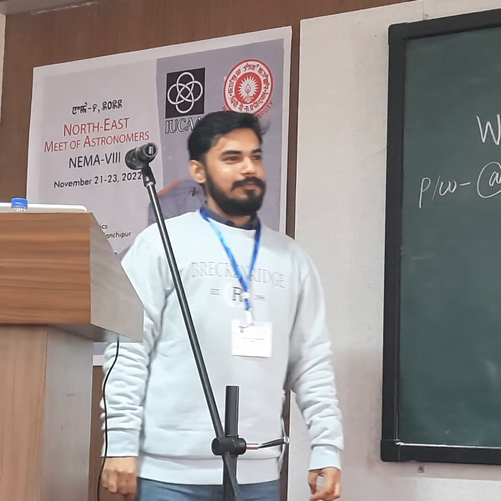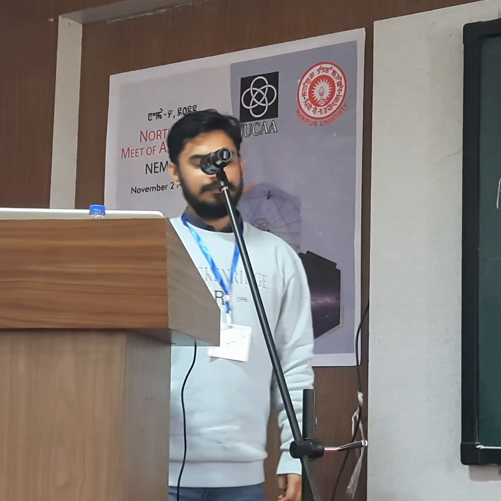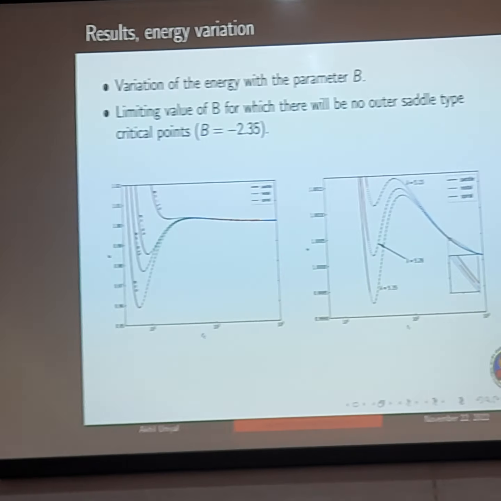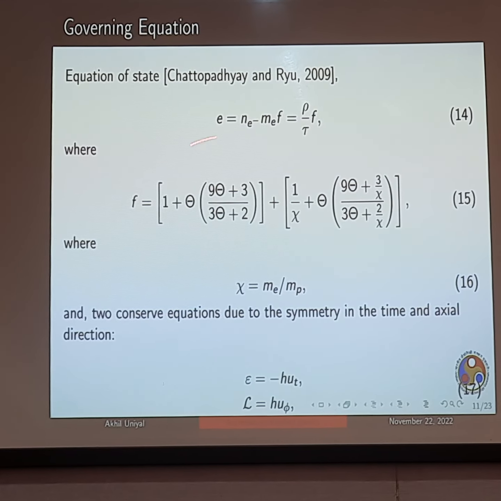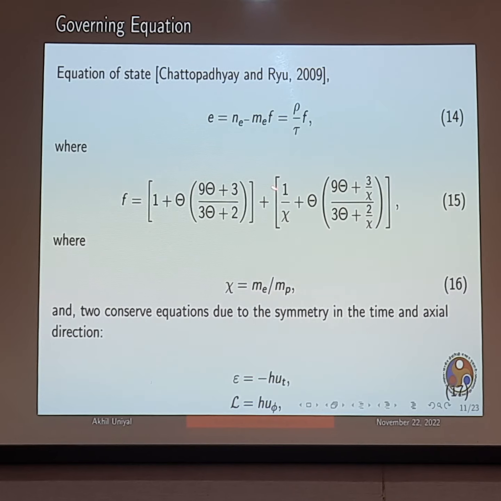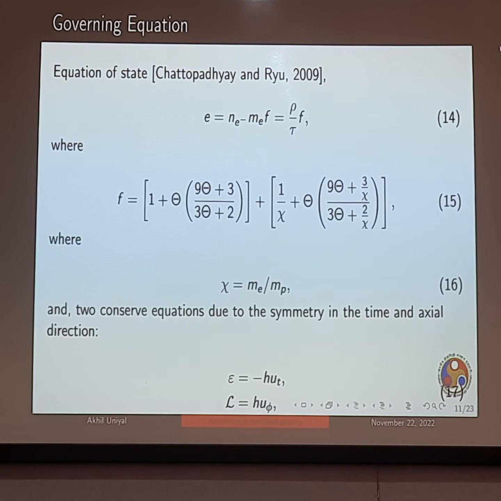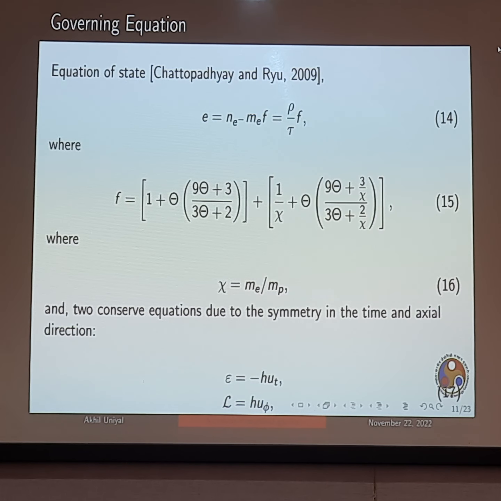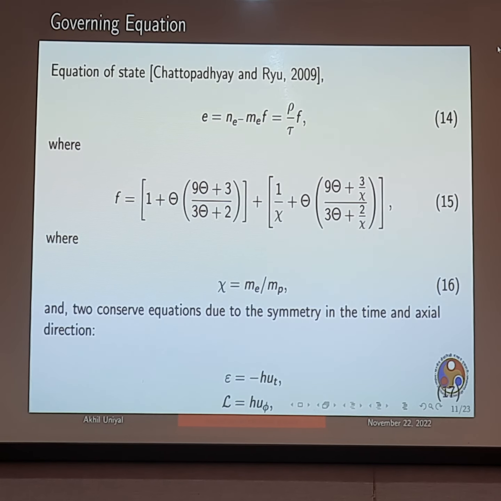If no question, can you throw some light on your equation of state? This is the equation we are using because the temperature gradient is very different from the inner to the outer edge of the disk. Please signify each of the terms. Theta is the temperature, then you have the electron density and mass density. This F is defined by this particular term, and this tau is a constant.